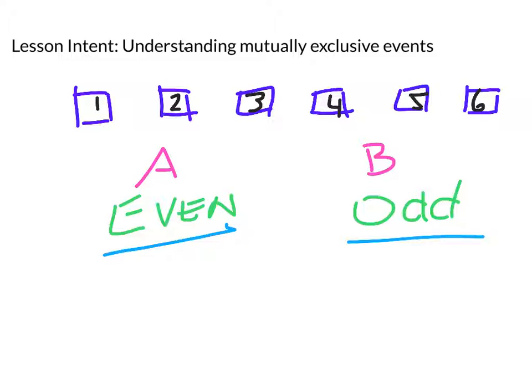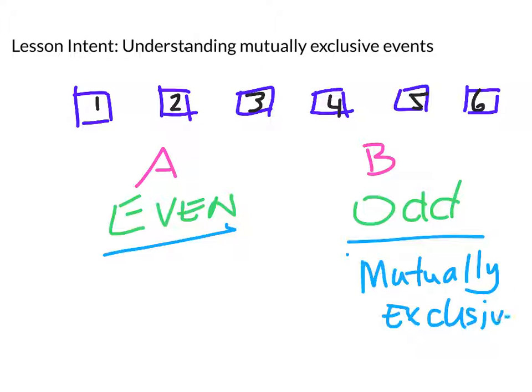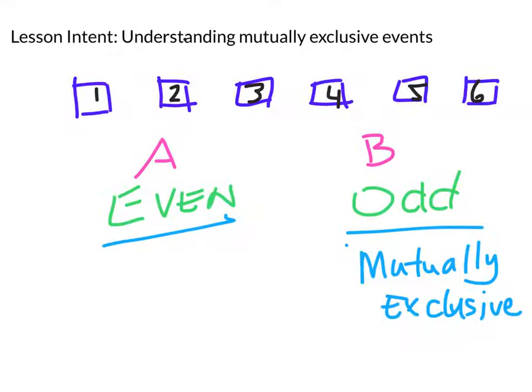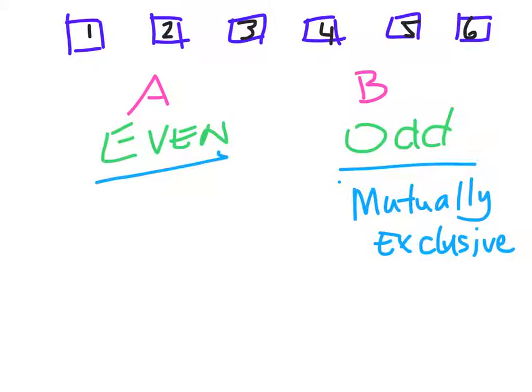So if it's even, it can't be odd, and if it's odd, it can't be even. So it's said to be mutually exclusive. Okay, so it's either one or the other. Let's move this up a bit now so you can see.